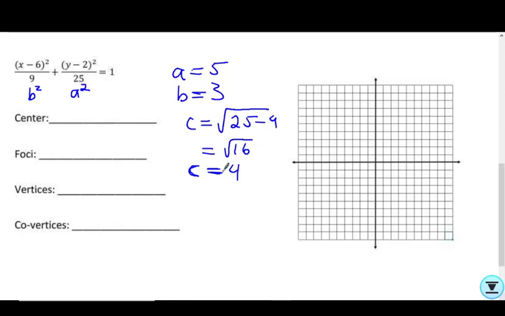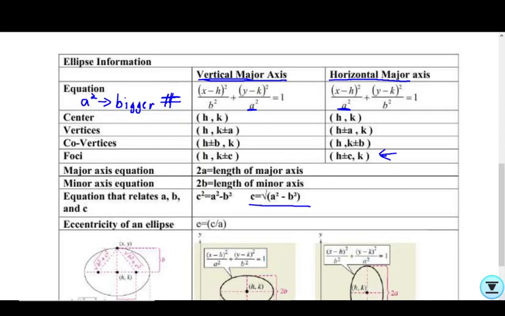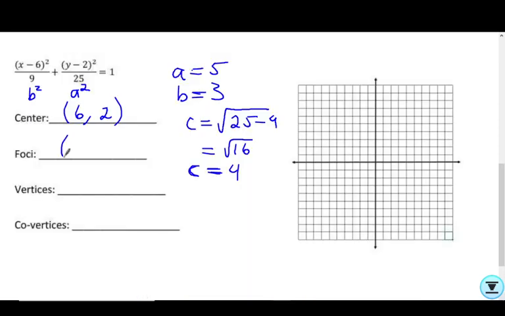Now, my center is still h, k, so it's 6, 2. For my foci, since we're doing a vertically major this time, the foci are going to be at h, comma, k plus or minus c. So this is h, k plus or minus 4. The vertices are going to be 6 and then k plus or minus 5.